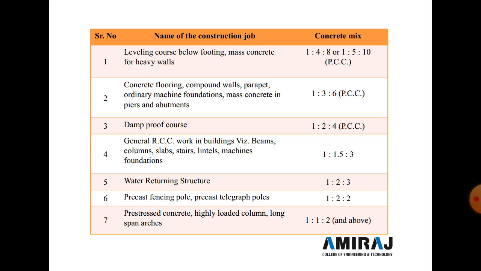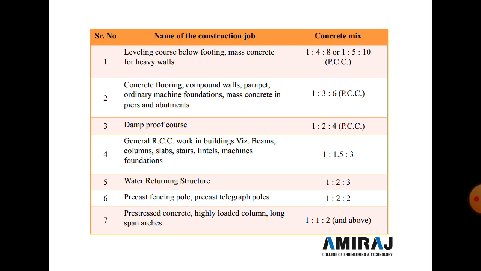In this table we discuss the name of the construction job and the concrete mix required. Serial number 1 is the leveling course below the footing, and mass concrete for heavy walls. Here the concrete mix proportion required is 1:4:8 or 1:5:10.